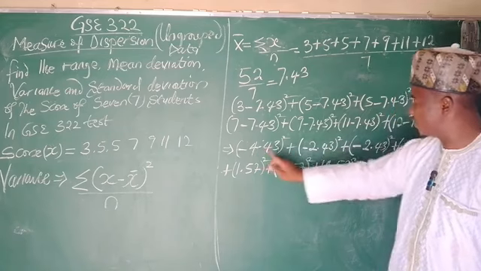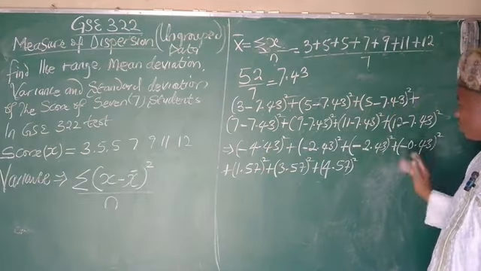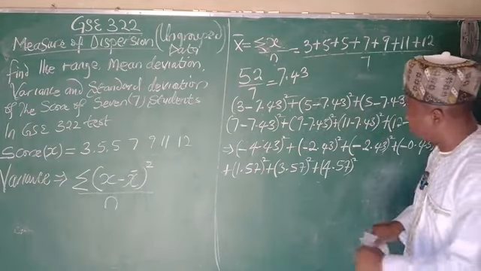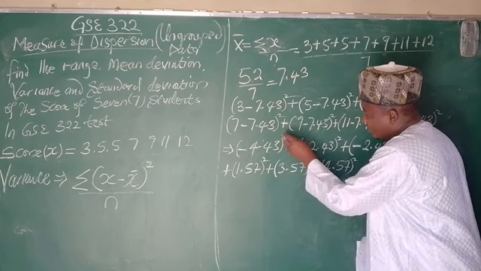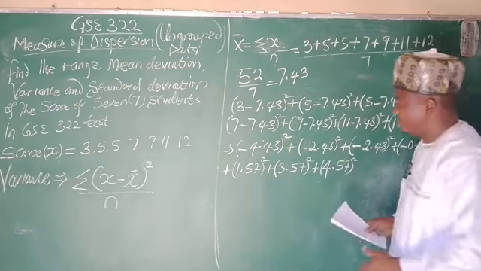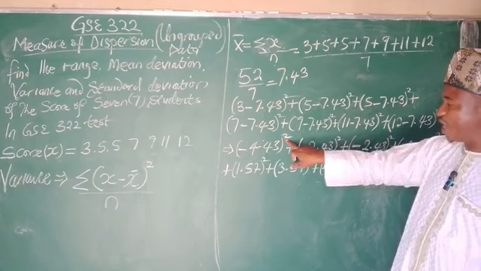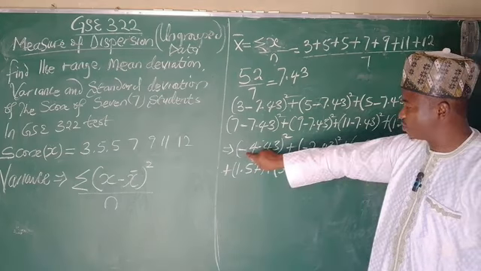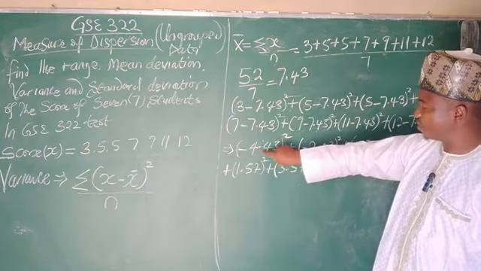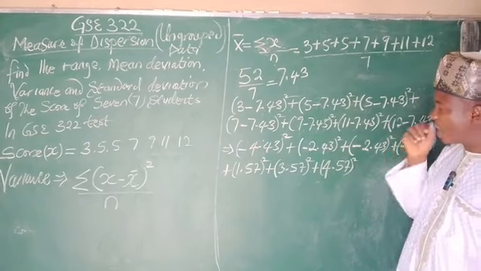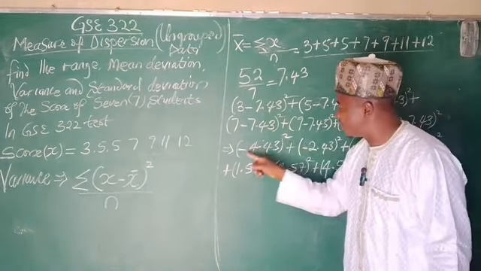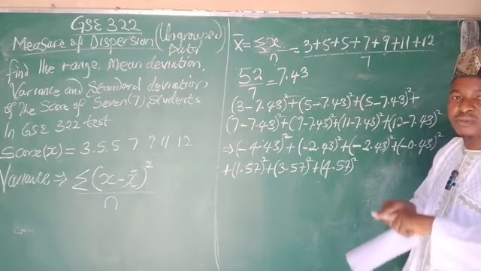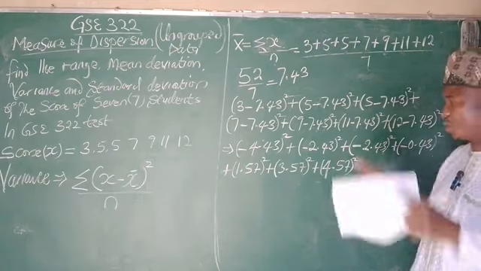We should square this, we should square this, we should square this up to the end. But mind you, in the process of squaring all this, because this square is affecting this minus and this 4.3. So now, when squaring this, the minus will go away, because it's going to be minus times minus, and minus times minus is plus.